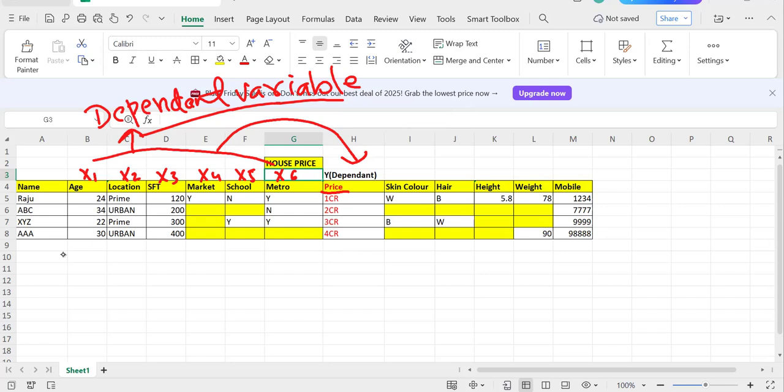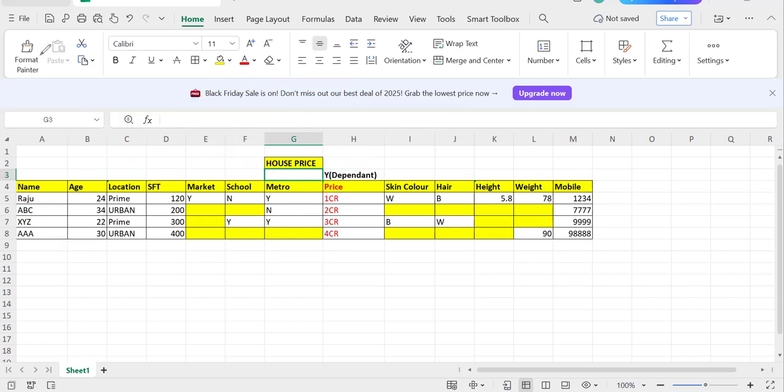Let me write it properly. This concept is not finished yet. If you still don't understand, you will get more clarity about it.